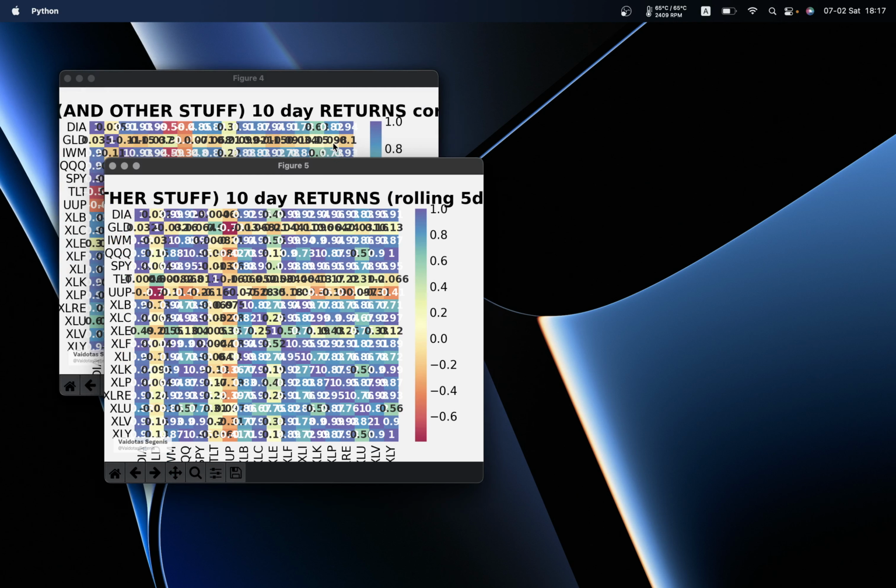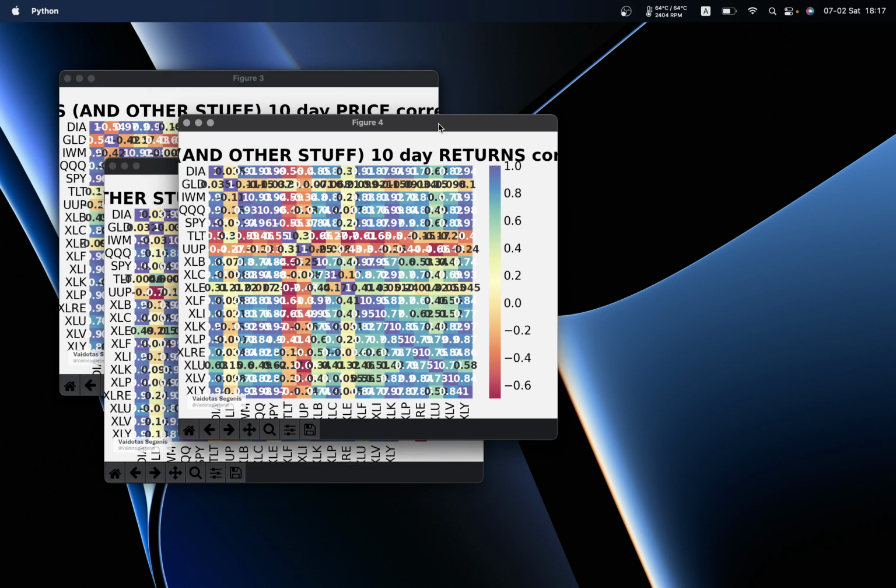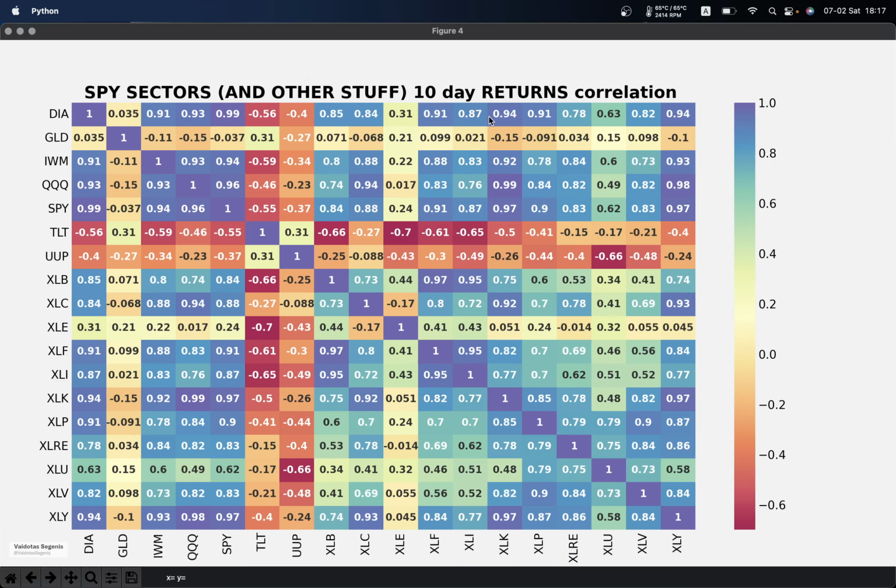So we can make a checkpoint: on a 30-day basis we don't see clear signals for a market collapse.